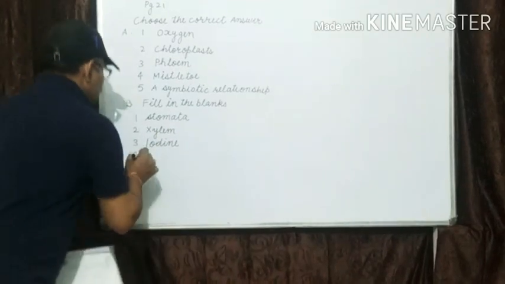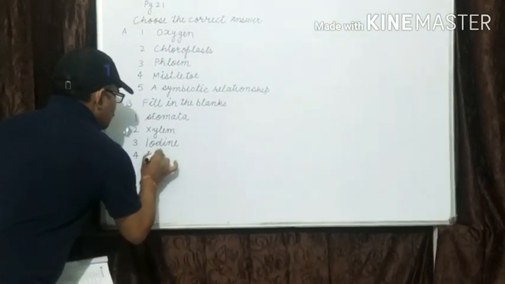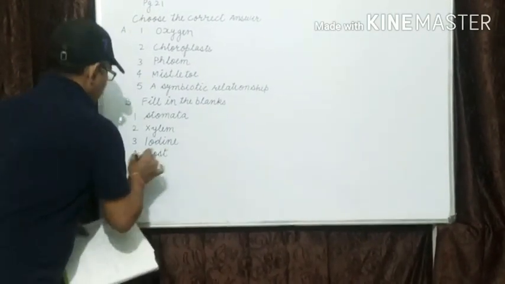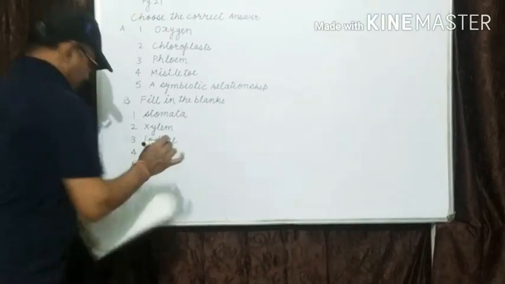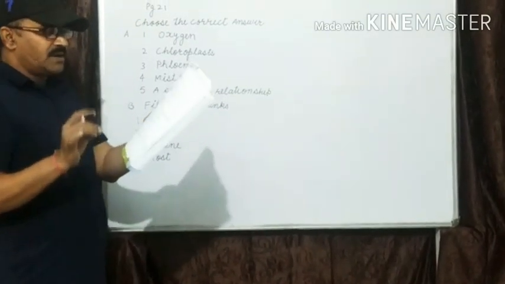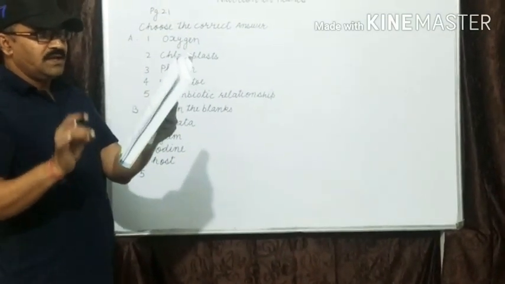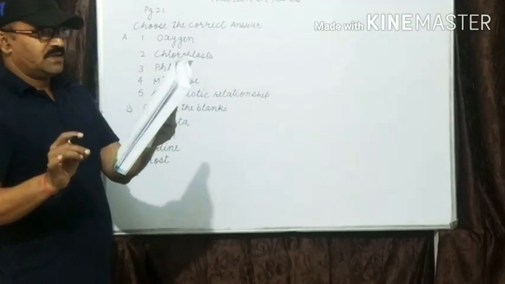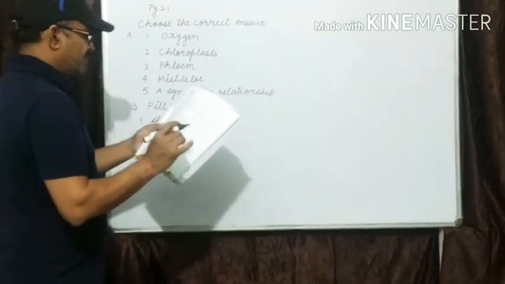Answer is host. Fifth, blank plants are usually non-green and have no leaves. Answer is saprophytic.